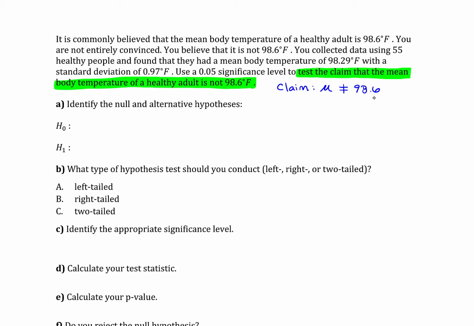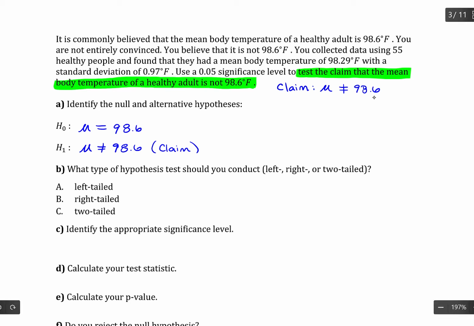And since this doesn't have a statement of equality, we put it in the alternative hypothesis. If it had been mu equals 98.6, then it would have gone in the null. I'm going to mark that as the claim and put the complement, which is equal to, in the null. And that's perfect for the hypothesis.